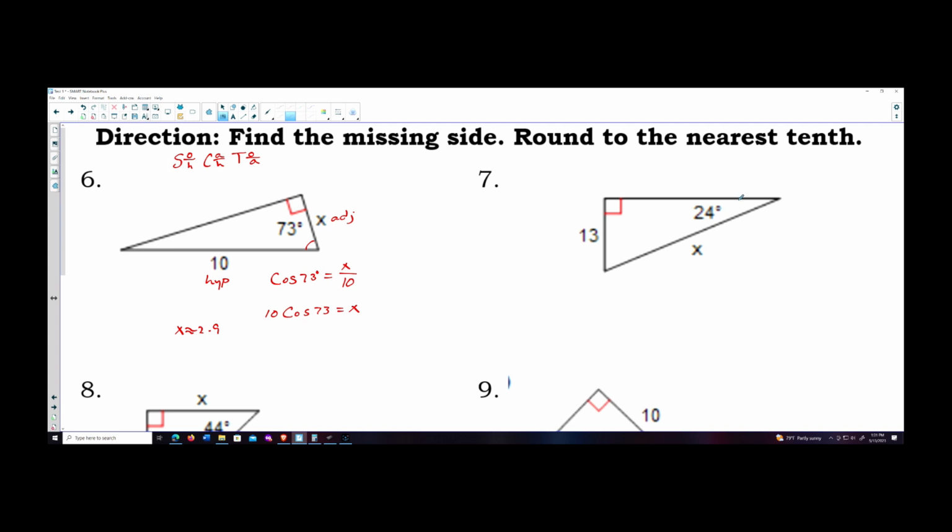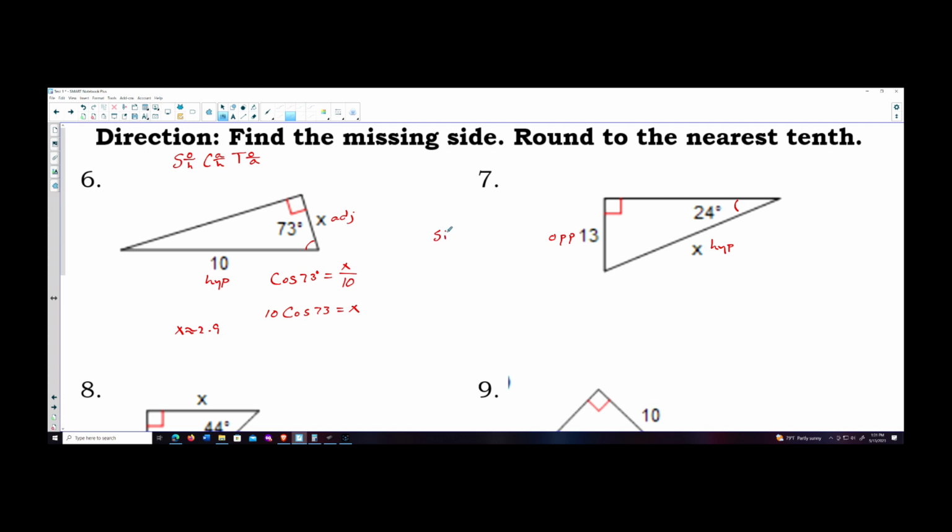Going to the next, again my angle, which is 24 degrees. I see I have the opposite. X would be the hypotenuse. So opposite and hypotenuse, that would be the sine ratio.